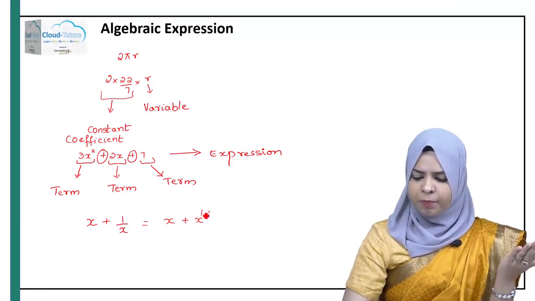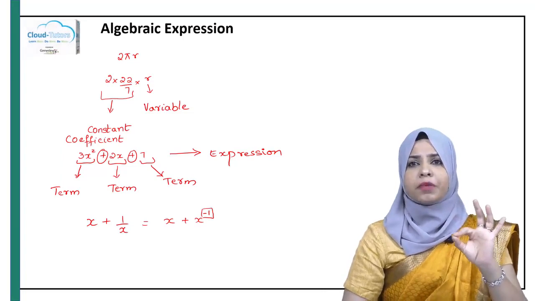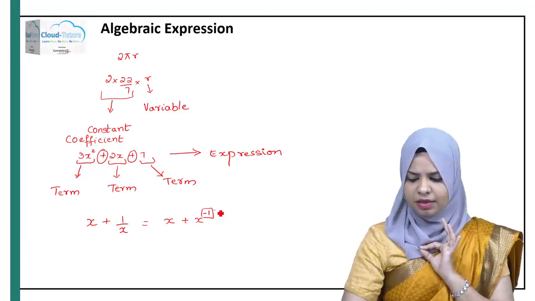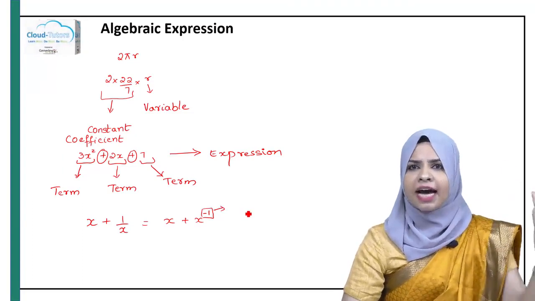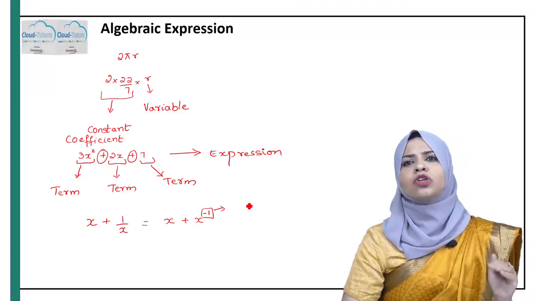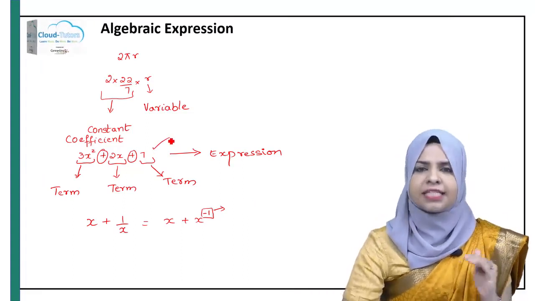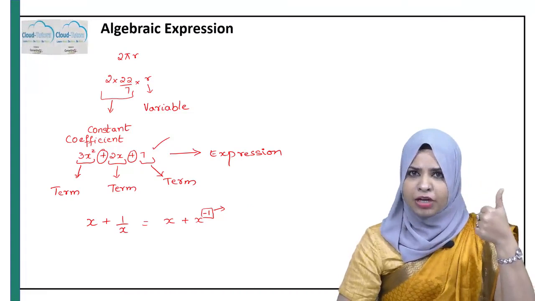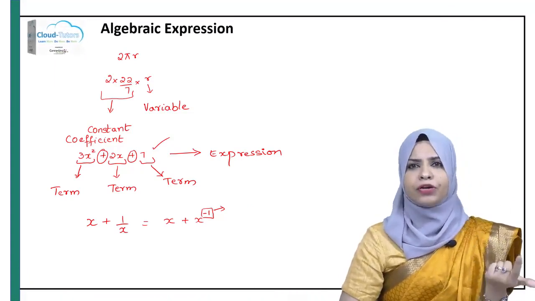Because a polynomial will not have a negative power. It has to be positive. If it has a negative power, it is an expression, no doubt about it, but it is not a polynomial. Clear with that? Definitely the first example is a polynomial, and the second example is not a polynomial.